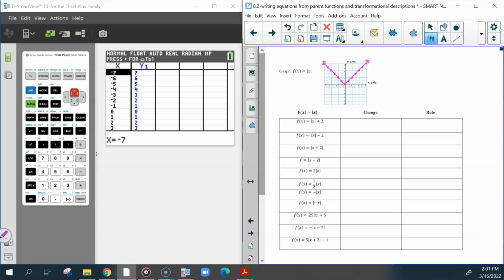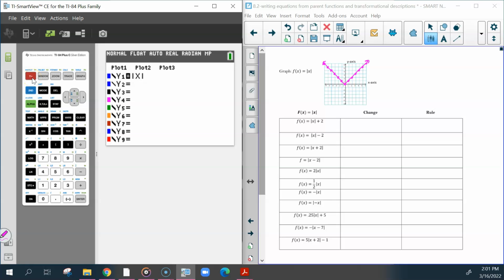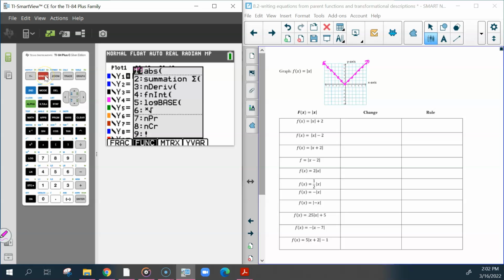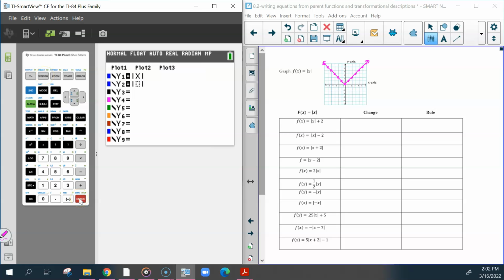We're going to do the same thing we were just doing, look at some of these changes. As we look through some of them, we'll be able to guess because they'll be the same as before. They're not going to change just because it's a different function. This is a little different. So this will be my parent function of absolute value. I'm going to take that and add 2 on the outside.